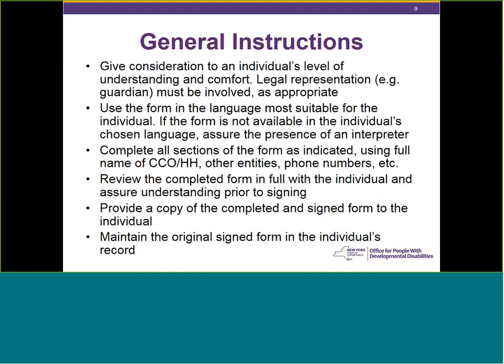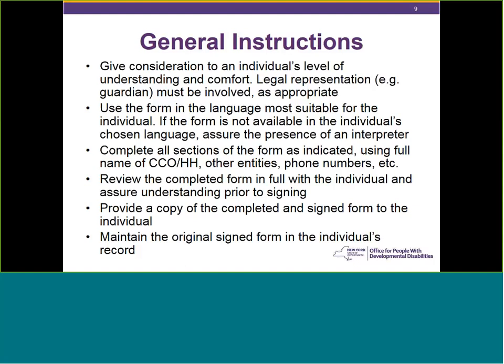Use the form in the language most suitable for the person. So if the form is not available in the individual's chosen language, you should ensure that there is a presence of an interpreter. That's also important for people who may need hearing or sign language interpreters. That's also an area where you need to participate in getting the right support giver to a person who has those special language needs.